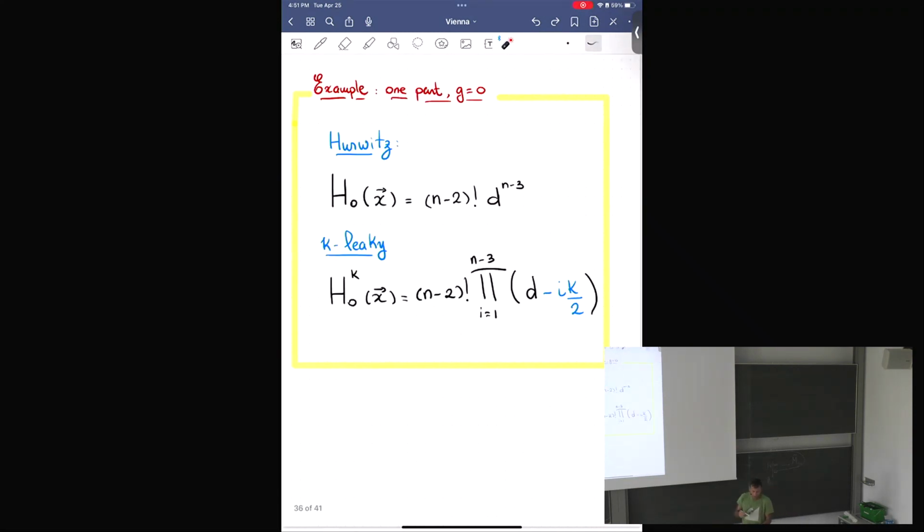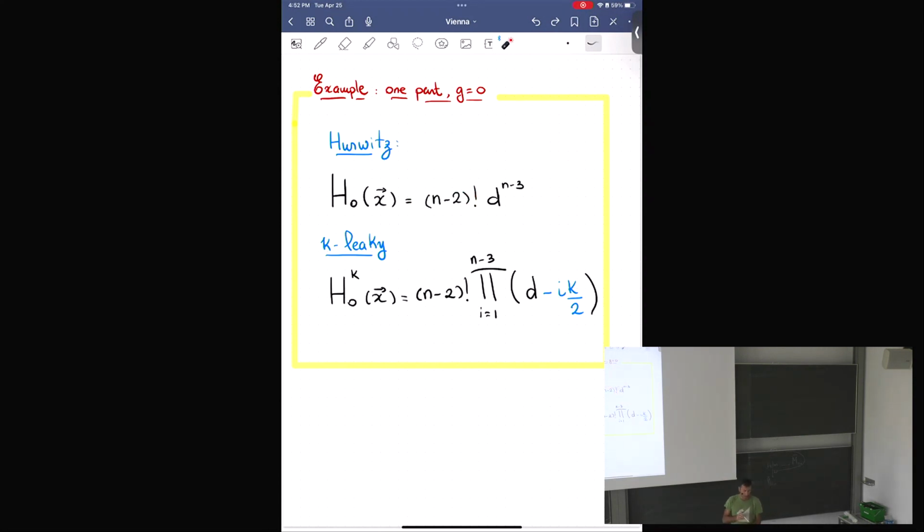So, for example, here are some fun formulas. If we do genus 0 and the one-part case, so we have full ramification d on one side and arbitrary ramification x1 to xn on the other side over infinity, the Hurwitz number is very simple: it is just a power of d.